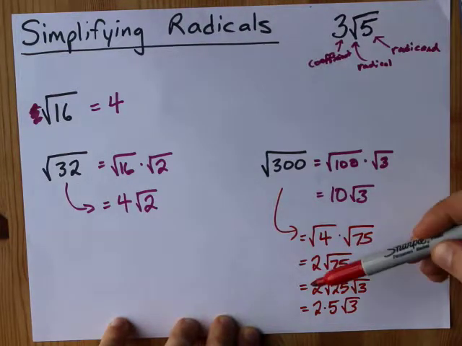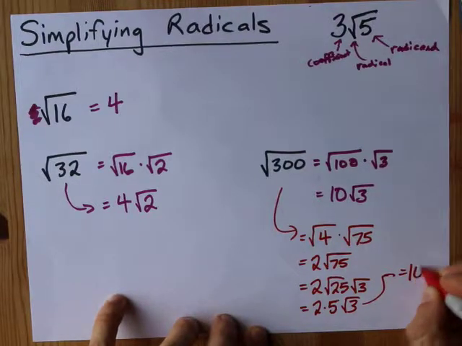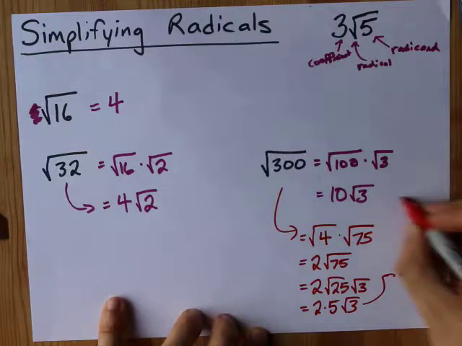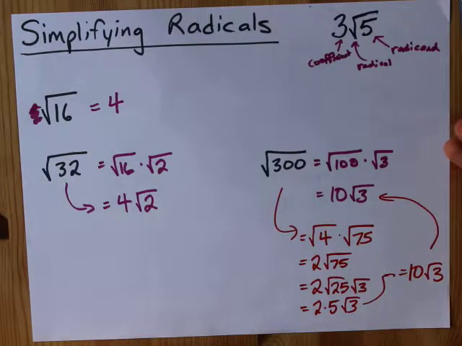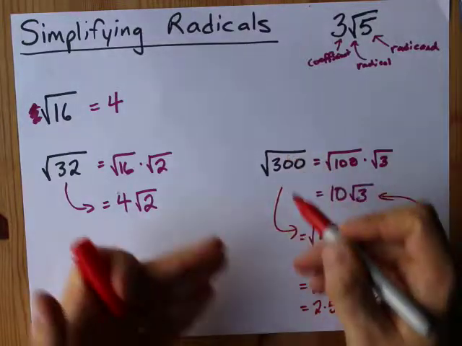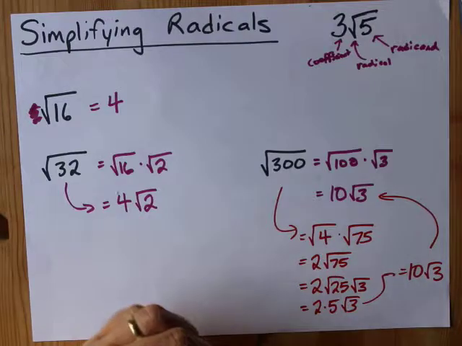And because 2 and 5 are nice whole numbers, you can probably simplify that to 10. 2 times 5 is 10 times the root 3. Oh look, it's the same answer with extra steps. So you don't have to find the largest perfect square that divides into it on the first go. You can break it up piece by piece by piece.